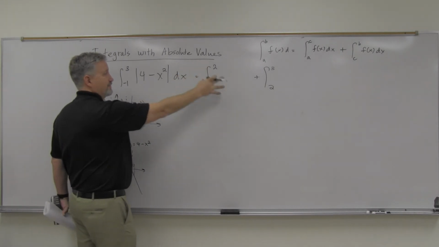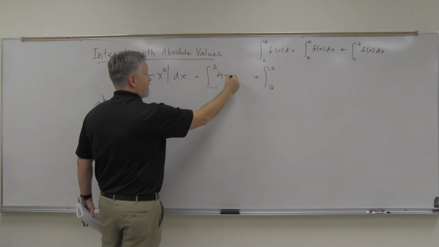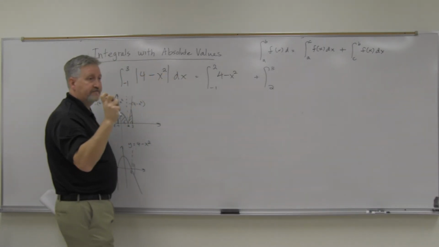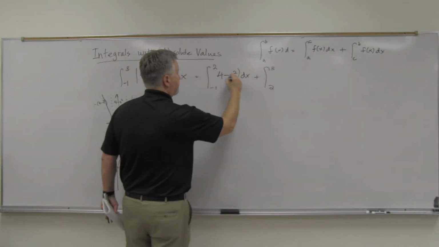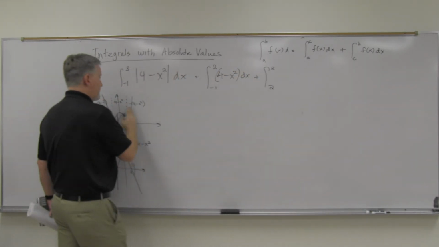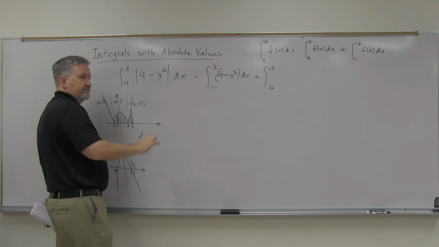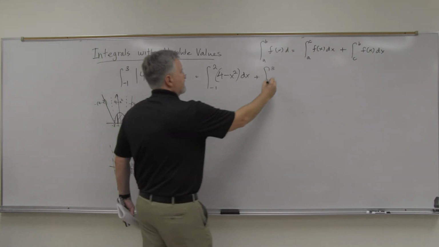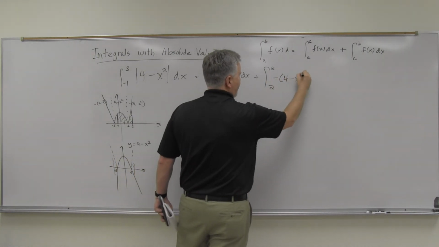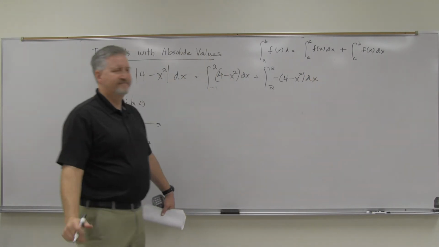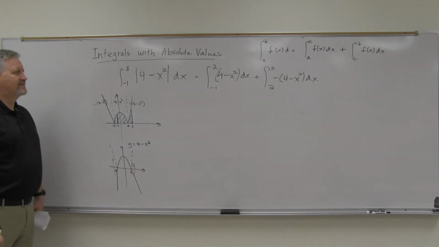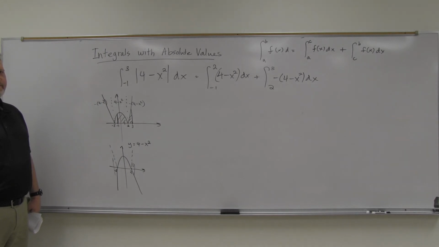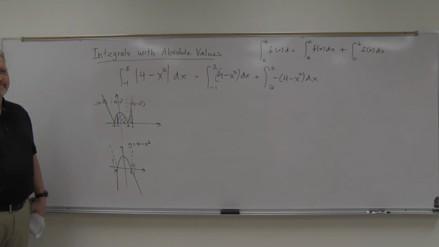This first one here is 4 minus x squared because it's not flipped up, whereas the 2 to 3, that's the piece that is flipped up, if you will. So that's one way to look at it. It's a little different than our previous ones, but anyway, that's the way I look at it. All right?